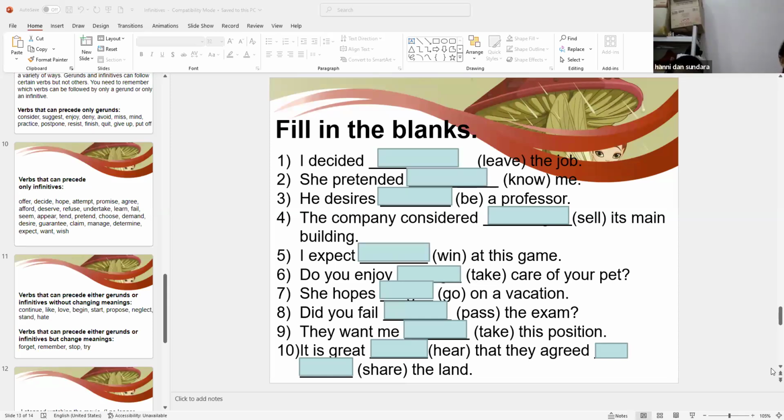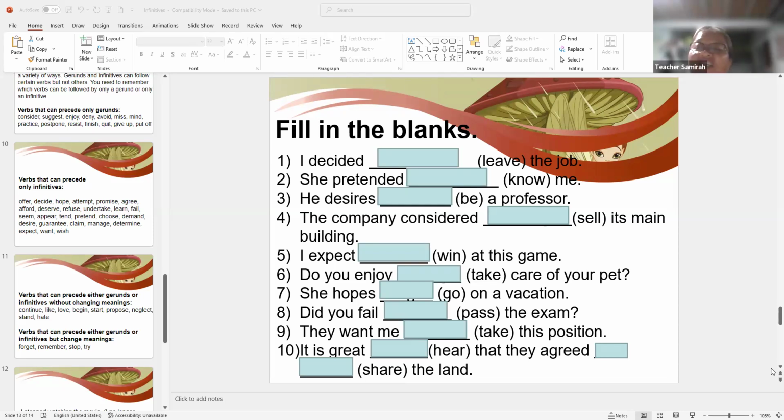Gerund. Okay, so what will be the correct answer? The correct answer would be, do you enjoy taking care of your pet? So meaning you need to answer "taking," T-A-K-I-N-G. So if your answer is "taking," then you have to check your answer.